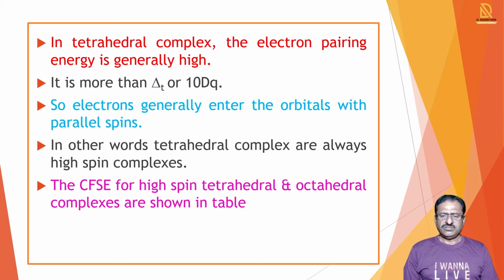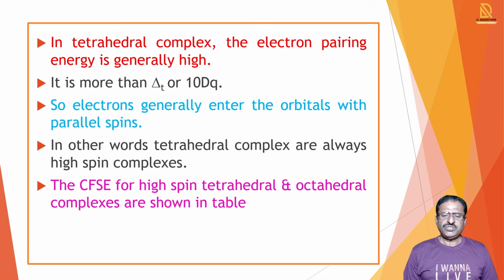In other words, tetrahedral complexes are always high spin complexes because electrons are singly filled firstly in the EG and then in the T2G, and then pairing starts. So such crystal field stabilization energy in these tetrahedral complexes is high spin, and for octahedral complexes, we have already seen that.